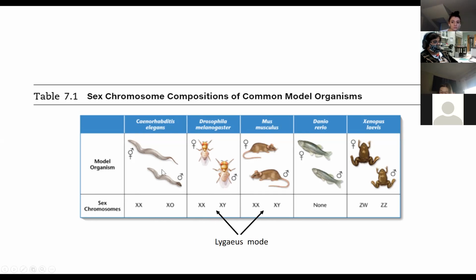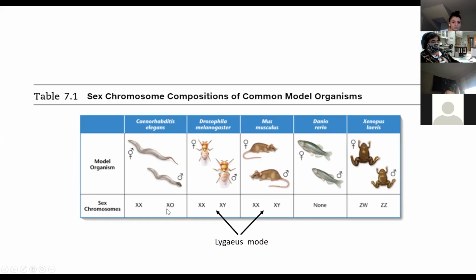And for C. elegans, the cute little nematodes, these guys have an XX or an XO. So they don't have a second sex chromosome. For males, it's denoted as XO.